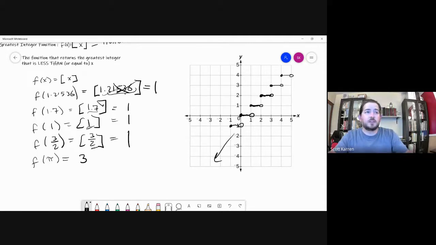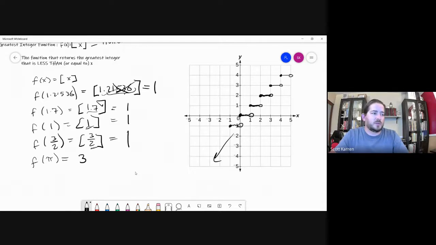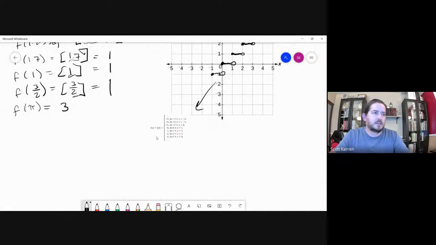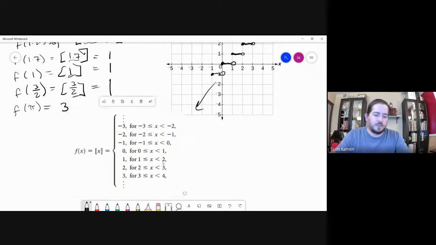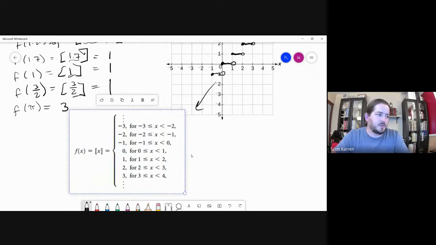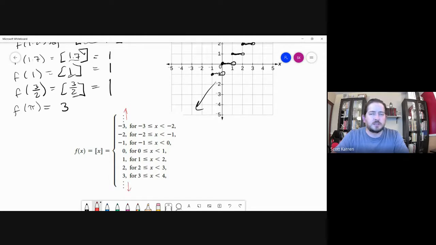It's an infinitely huge piecewise function that looks like this. They've got these dots up at the top because this keeps going on forever. -4, -5, -6, and these ones go on forever that way as well. So it's an infinitely long string of a piecewise function.